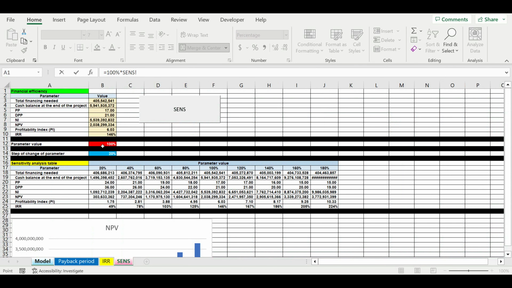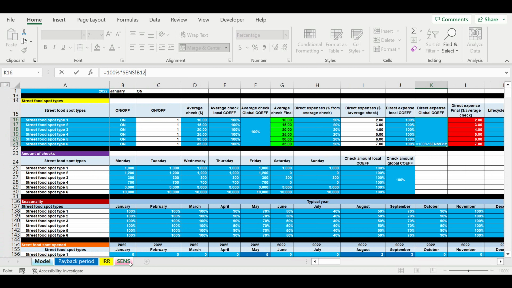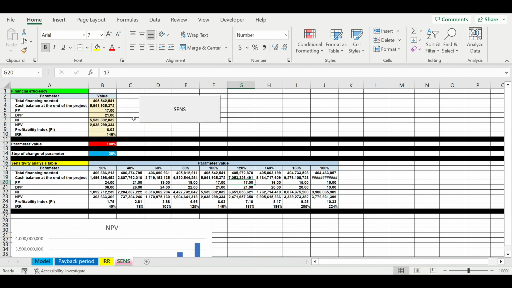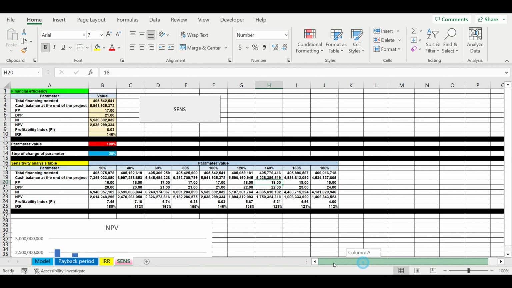So here we are adding it, then I press enter, then I press sense, and here we see another story: what will happen with financial efficiency if the direct expenses in every check will grow or decrease.